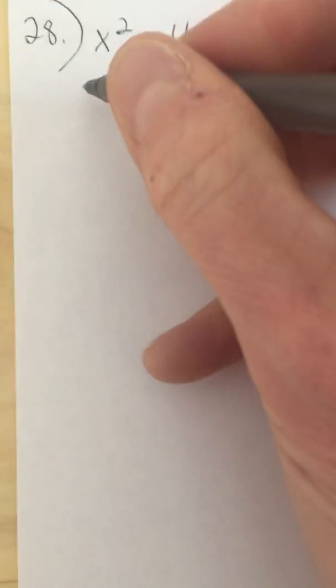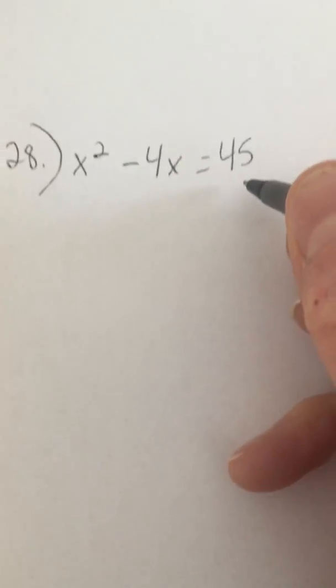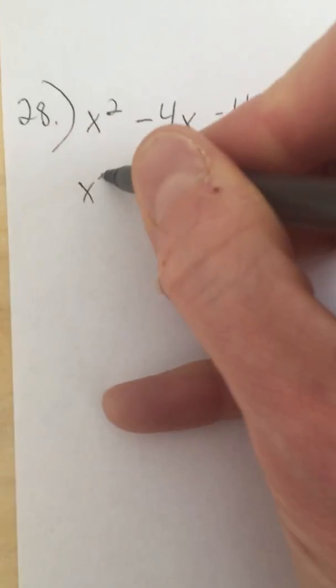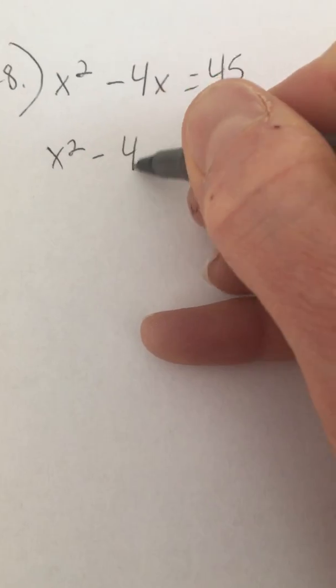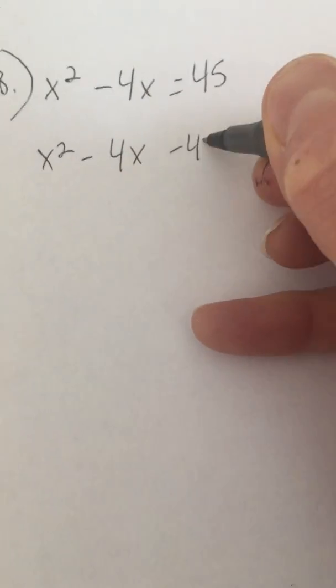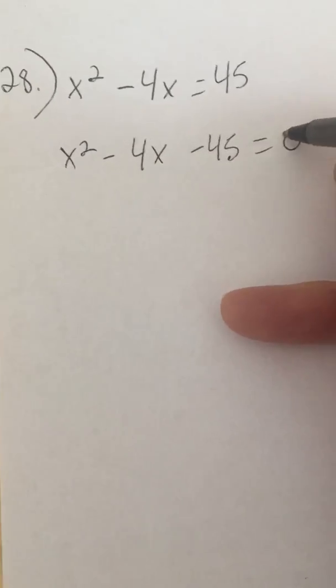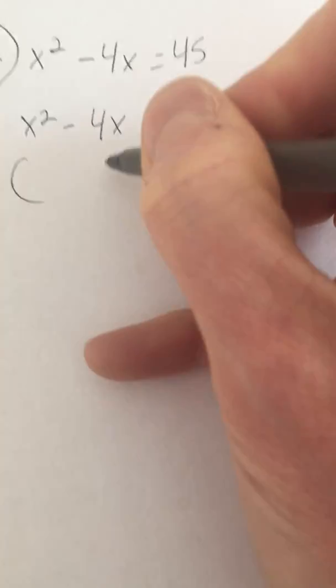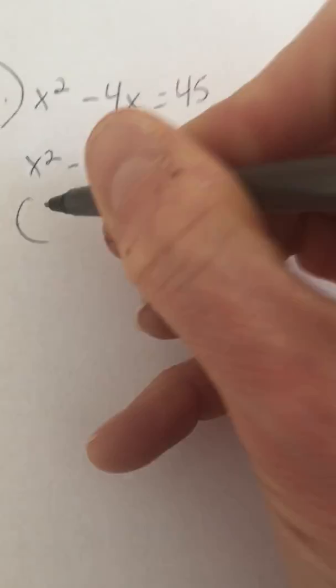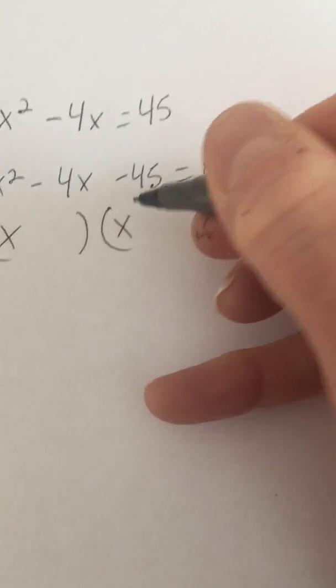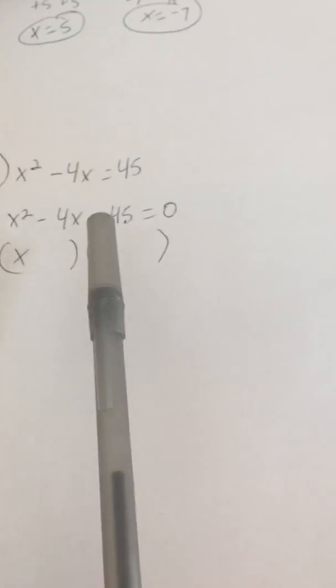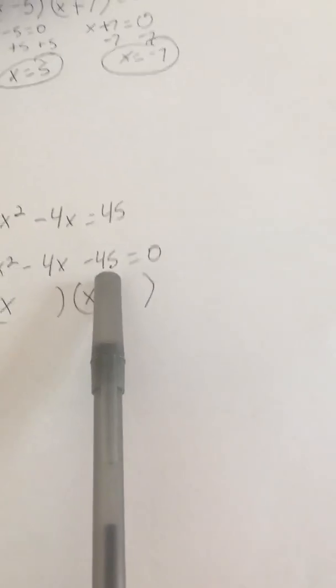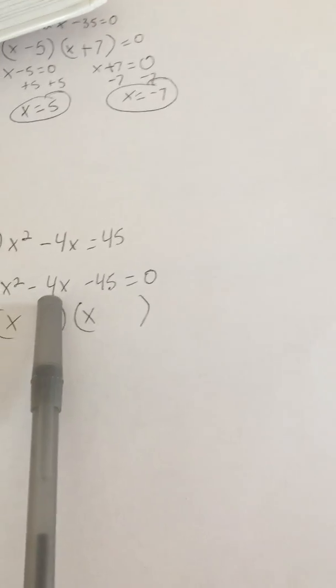All right, problem 2. Again, I'm going to factor this polynomial, but first I've got to bring this 45 over. So now I have x squared minus 4x minus 45 equals 0. I know this is x, and I know that. So I've got to think of two things that are going to get me to 45 but have a difference of 4.